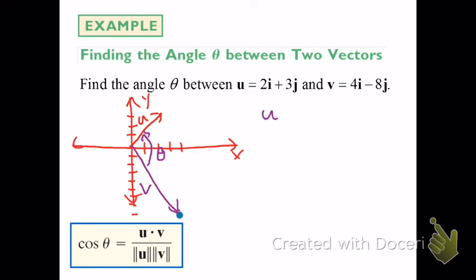So u dot v is going to be the horizontal components multiplied together, 2 times 4, and we're going to add to that the vertical components multiplied together, which is 3 times negative 8. Okay, and so our dot product is going to be 8 minus 24, which is negative 16.